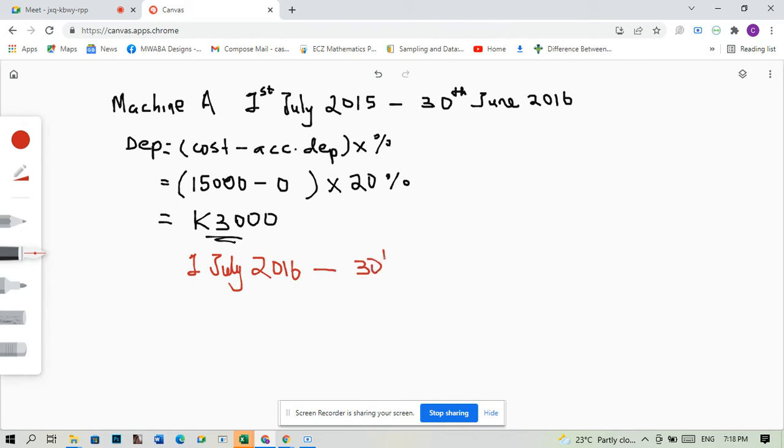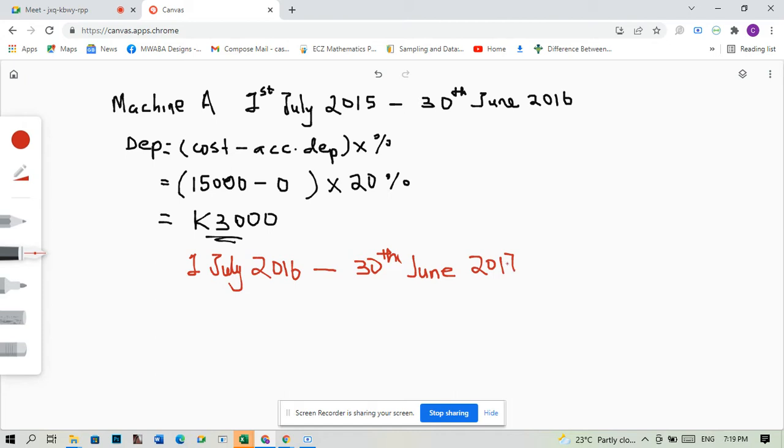This is another year. But we have to remember that the machine was sold on the 31st of December 2016.